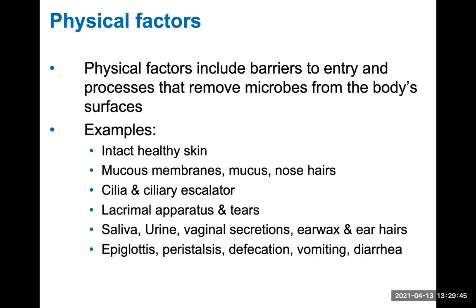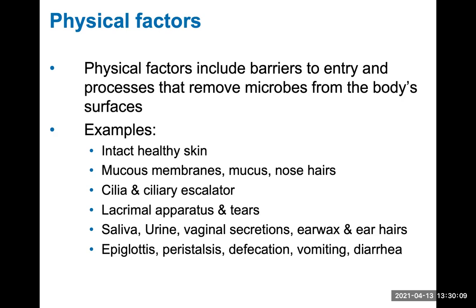Okay, so examples of physical factors are intact, healthy skin, mucous membranes. The mucus itself traps the microbes and then is removed. Nose hairs also can trap microbes sometimes as well, although nose hairs mostly trap larger particles like dust.